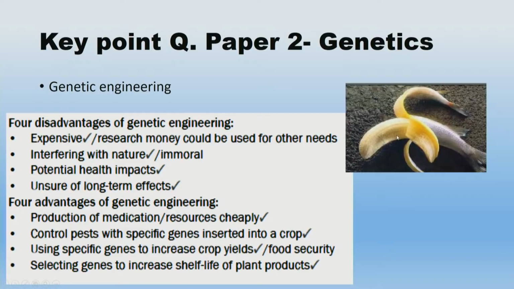Or people in inlands don't have the advantage of an ocean nearby to catch fish or eat fish, but they have bananas and therefore they produce the banana fish for that specific advantage. So just read through the paragraph very carefully and state the disadvantages and the advantages of genetic engineering.